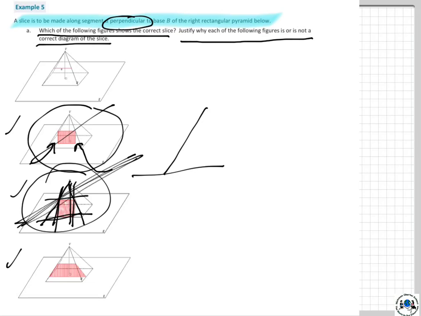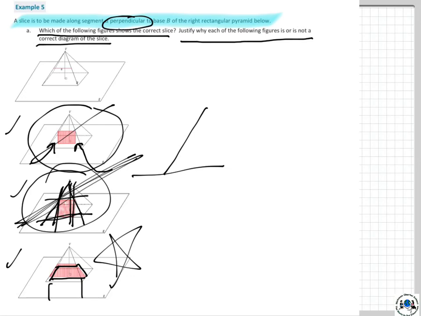Okay, this one is correct. The reason it is correct, and the reason it does fit our criteria, is that it does slice this plane correctly, because you can see that it is actually reaching all the way to the two lateral faces there, and it is therefore moving downwards.